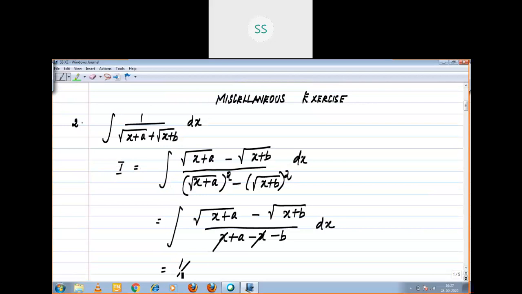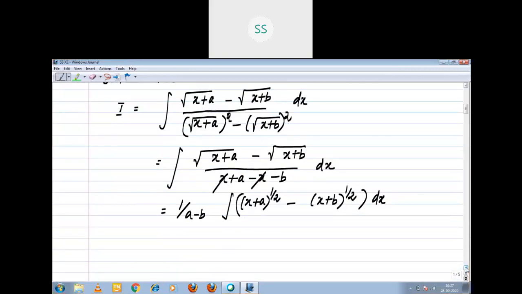Then the constant you should take out of the integral, that is 1 by a minus b integral x plus a the whole power 1 by 2 minus x plus b the whole power 1 by 2 into dx. Now we modify the given integrand into the simplest format. Now which is equal to, it is an indefinite integral, you should add the arbitrary constant.